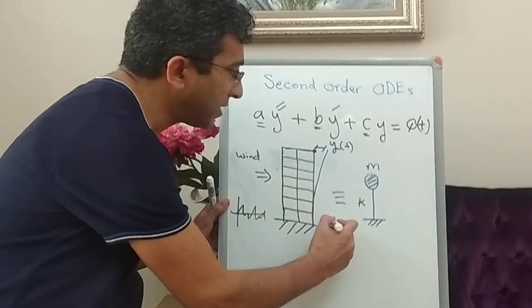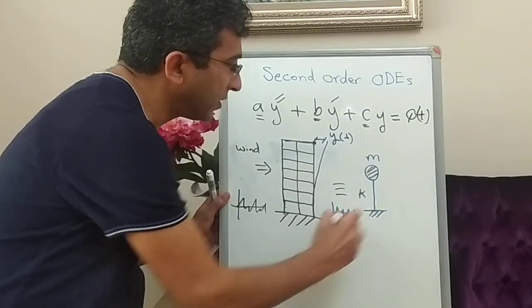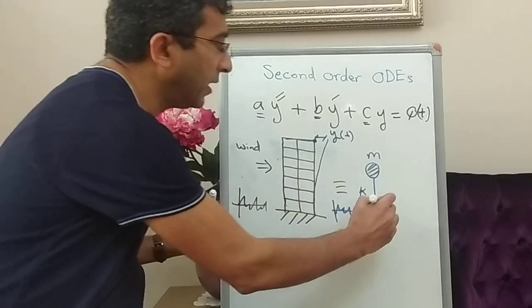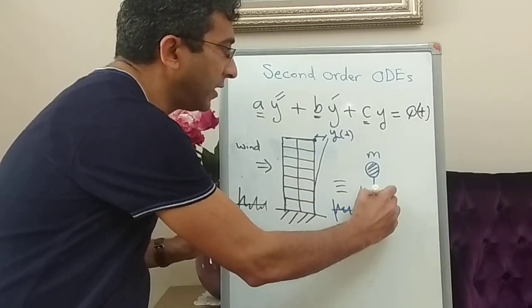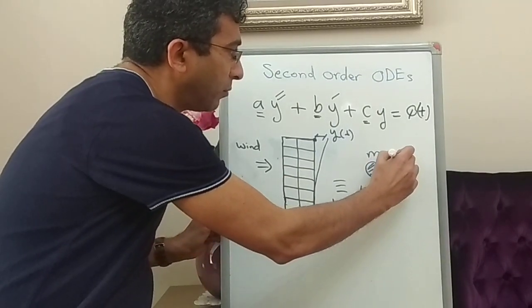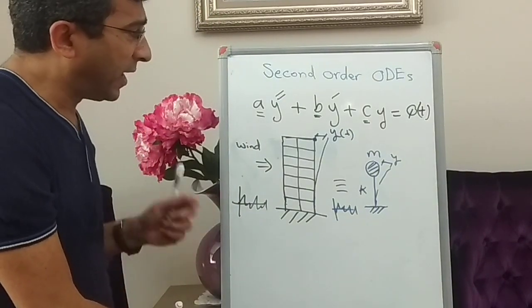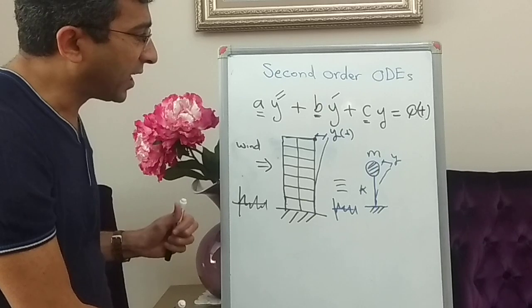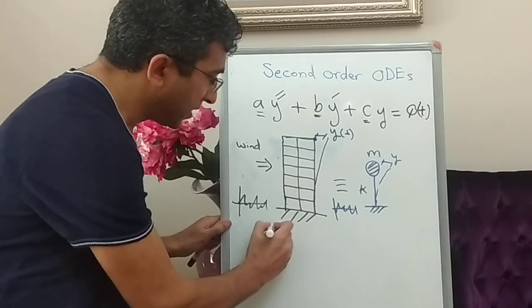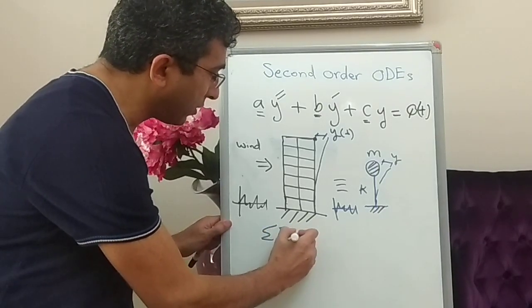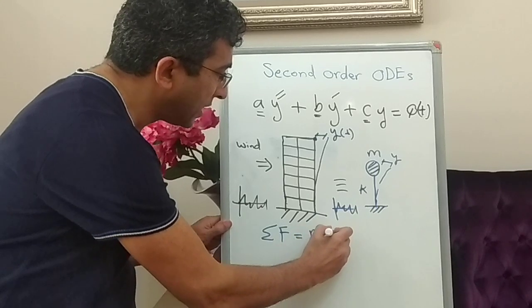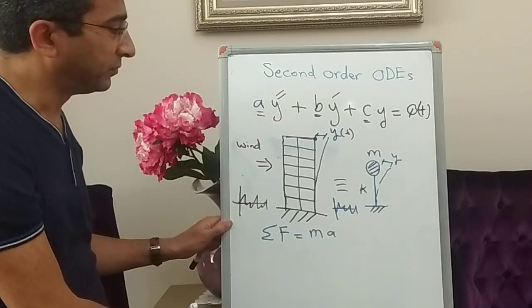And during base ground excitation, what will be the lateral motion y? If you apply Newton's second law, the summation of all the forces acting on the structure is equal to the mass times the acceleration.